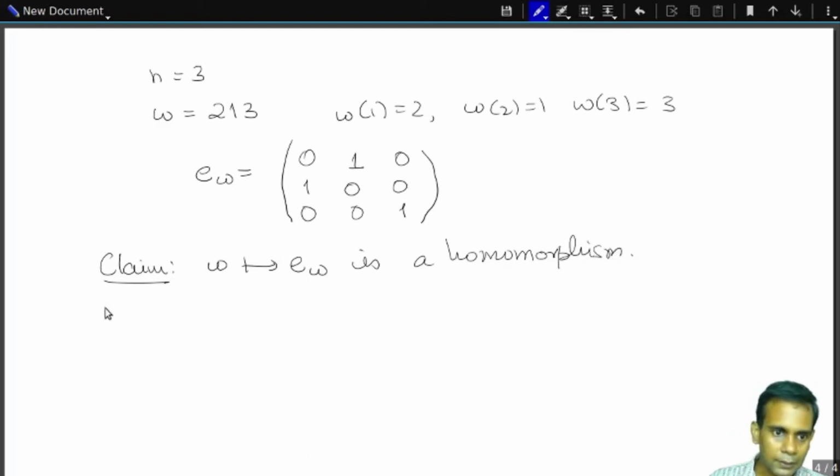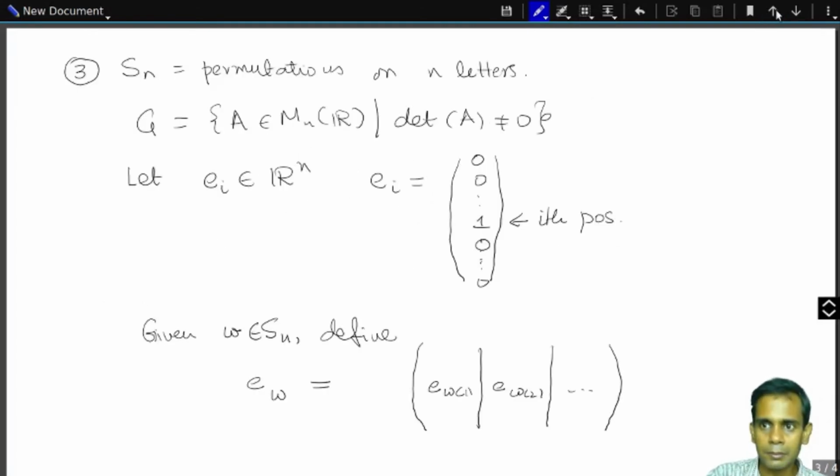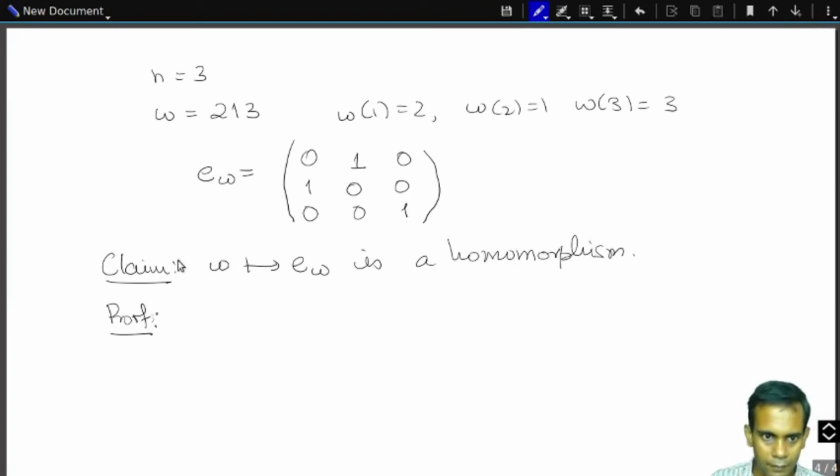To prove this, we'll call this map w goes to E_w, let's just call it f.